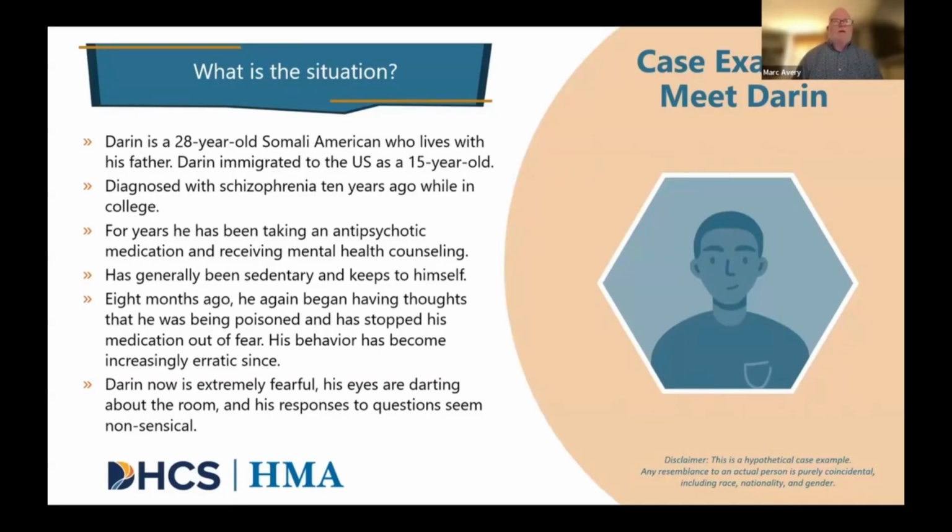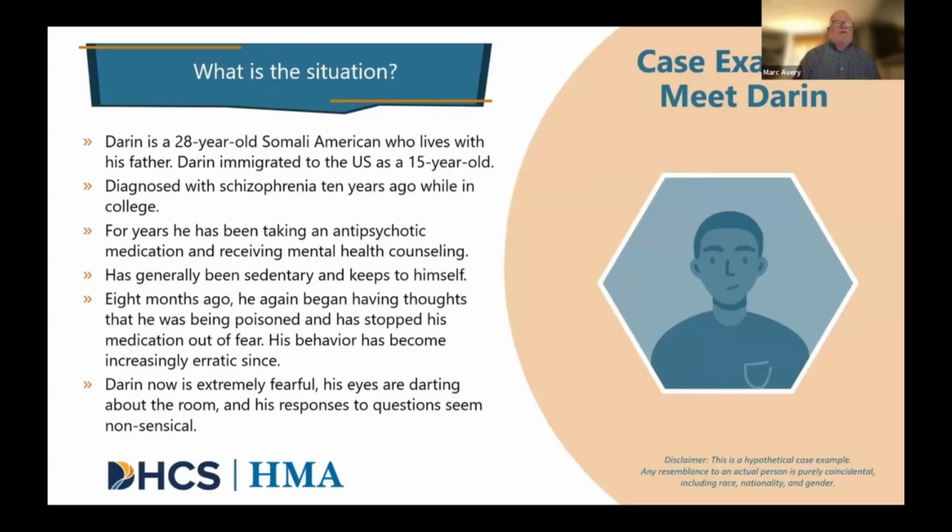He's been a client at a local mental health center where he has received regular counseling and an antipsychotic medication known as lorazepam. Darren has generally been stable at home. However, his father reports that despite the care he receives, he's leading a sedentary lifestyle and generally keeps to himself.